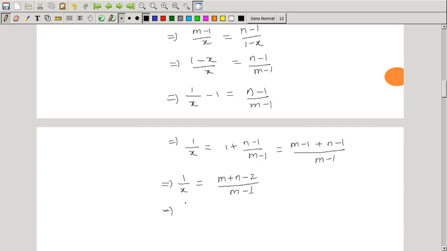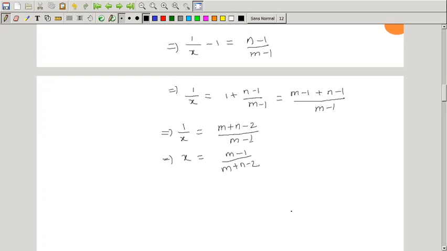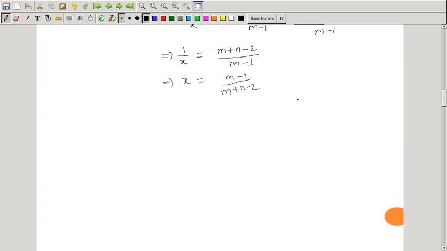I have to take the reciprocal of this, so x is equal to (m - 1) upon (m + n - 2), and this is just the x naught term.